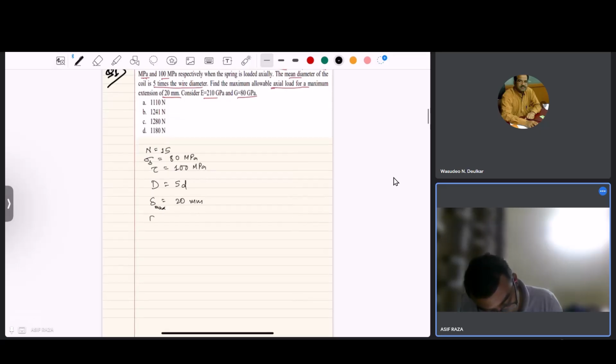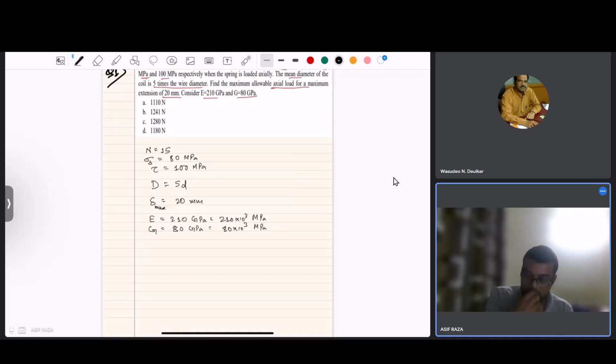Other things given are E is 210 GPa, that is 210 into 10 power 3 megapascal, and G is 80 gigapascal. That can also be written as 80 into 10 power 3 megapascals.